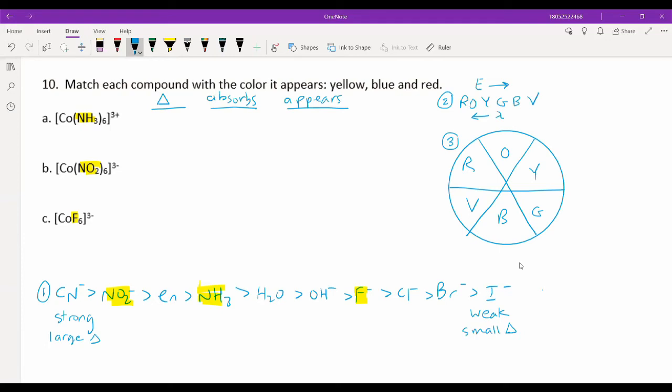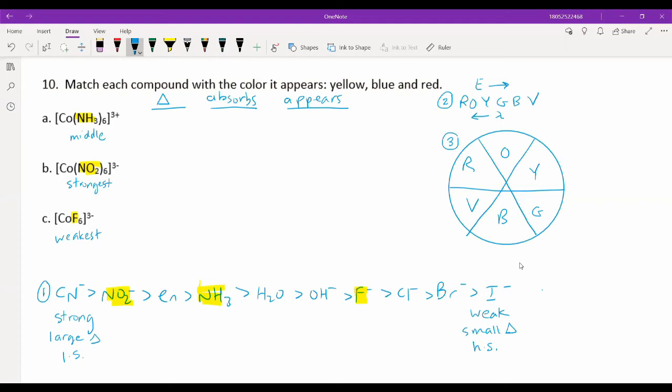And what we did last problem was, again, this low spin would be this strong ligand case, and then high spin would be weaker ligand, if that mattered, right? So between these three, we can see that the NO2 is the strongest ligand, and the fluoride is the weakest ligand, and then the NH3 is just kind of in the middle.